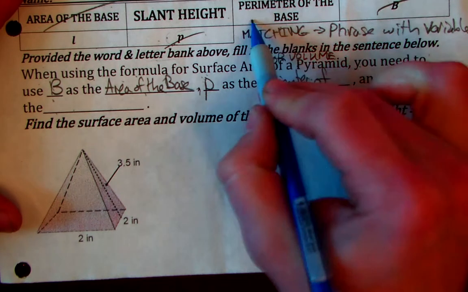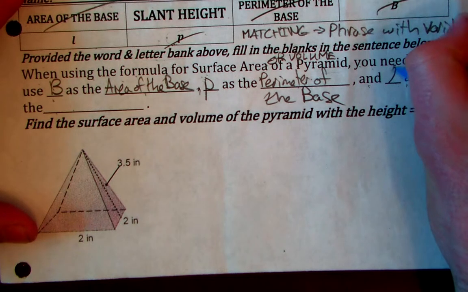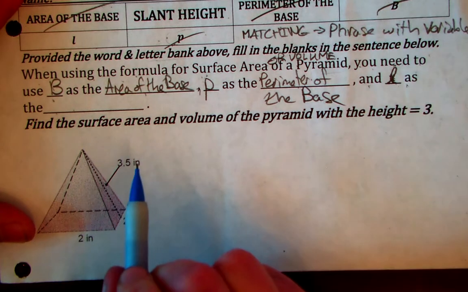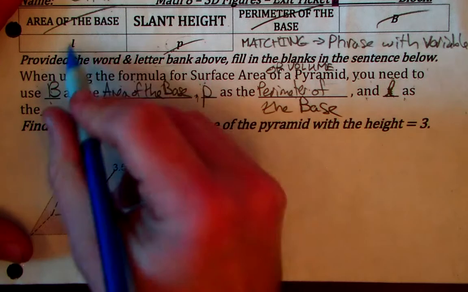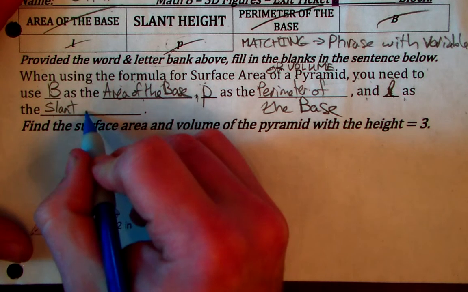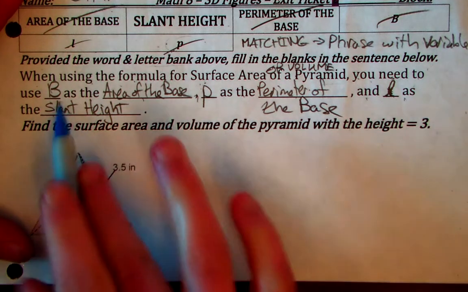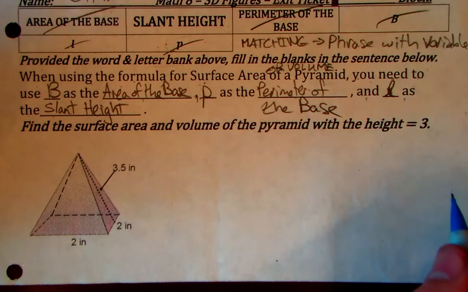And lastly, but never leastly, we have the L, a little bit different this time from our last video. In these pyramids, that L is going to stand for the slant height. These are the three main variables that you need for this.